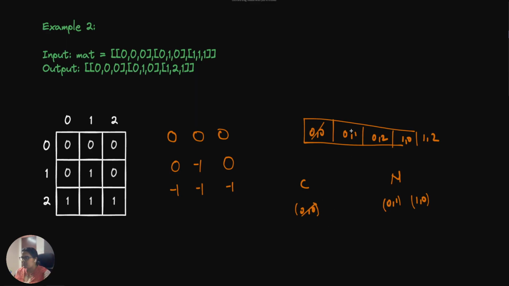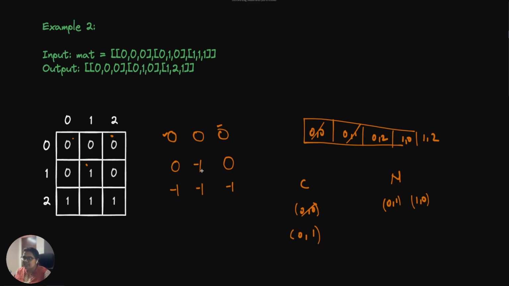Now we take 0,1 from the queue. For 0,1, the neighbors are 0,0, 0,2 and 1,1. 0,0 is already processed, 0,2 is already processed, whereas 1,1 is unvisited.